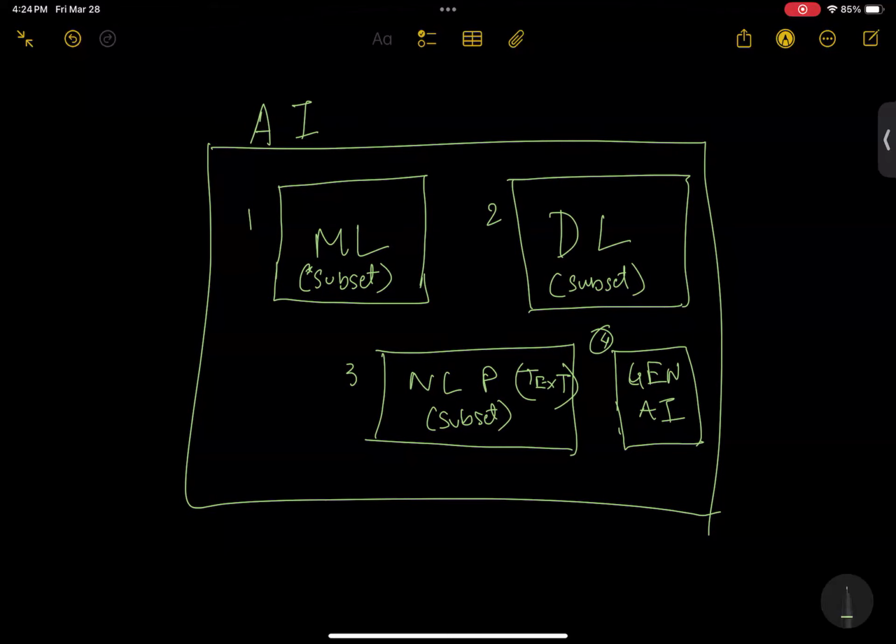Then comes generative AI. So there is a graduated learning path. It is not that you can directly jump into generative AI. You can definitely do that, but then your learning will be incomplete.